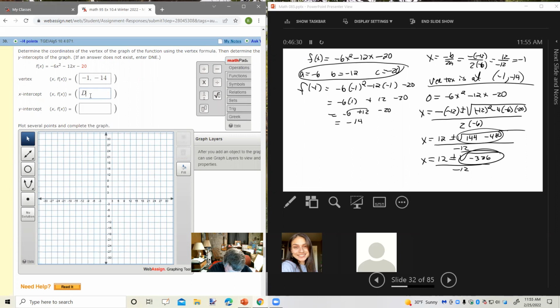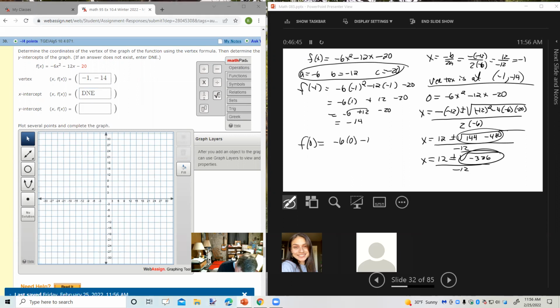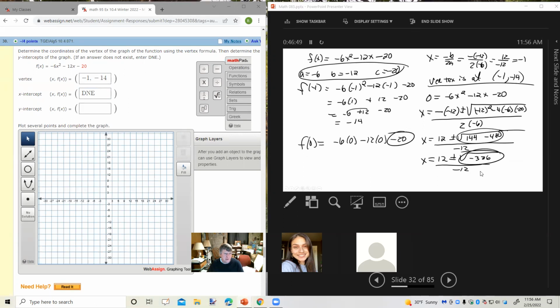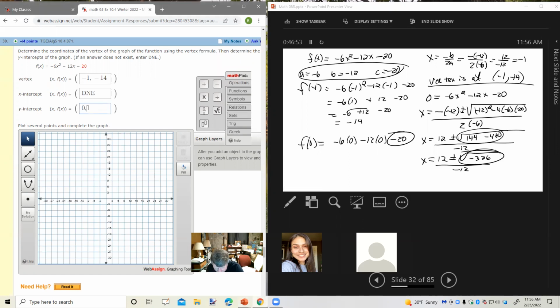So I've got D in E. Okay. How about the y-intercept? Oh, when x is 0, we get that. So that's going to be at 0 comma negative 20.